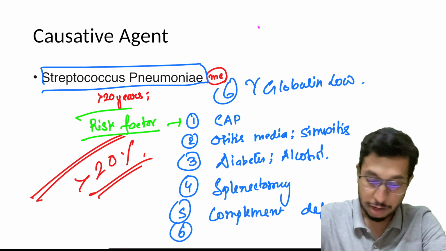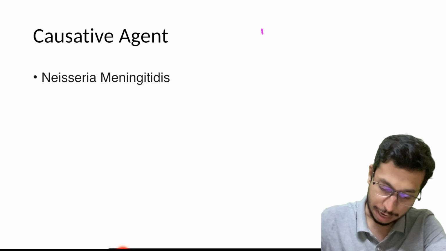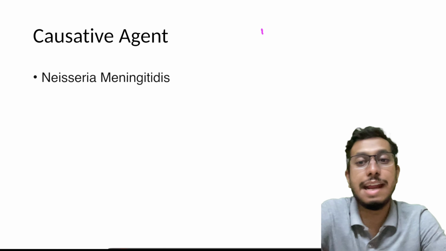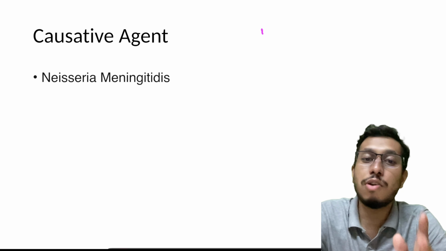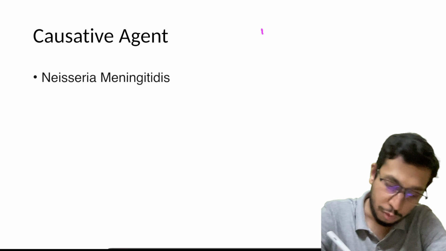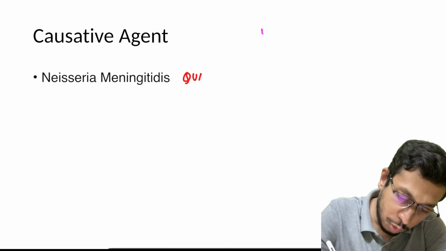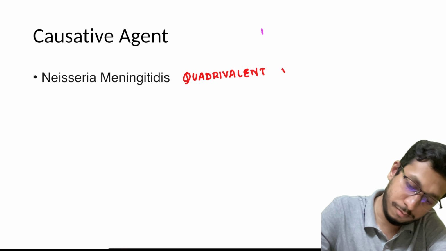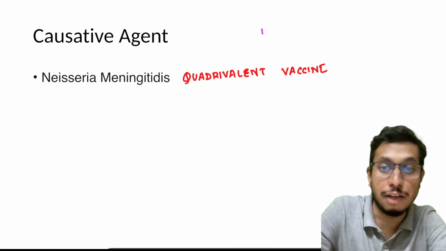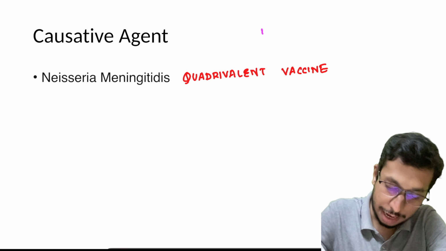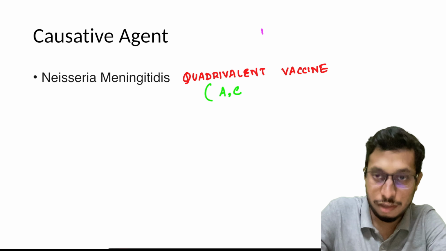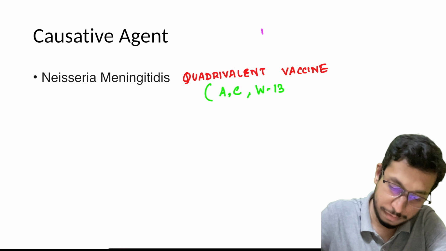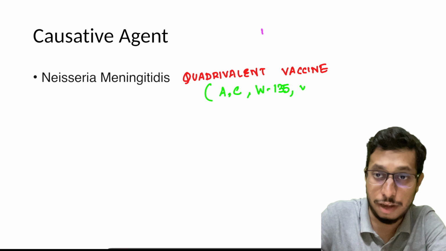All right. Okay. Now coming to the second most common in the adult age group, Neisseria meningitidis. Okay. So this incidence lately has been reduced with the use of the vaccine. So which vaccine is used? We currently use a quadrivalent vaccine for it, and the quadrivalent vaccine acts against A, C, W135 and Y serogroups.